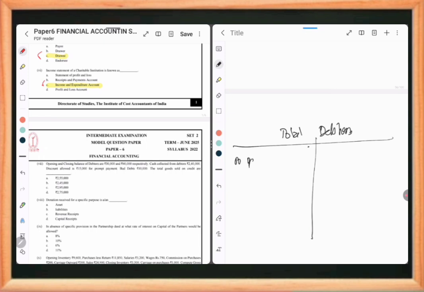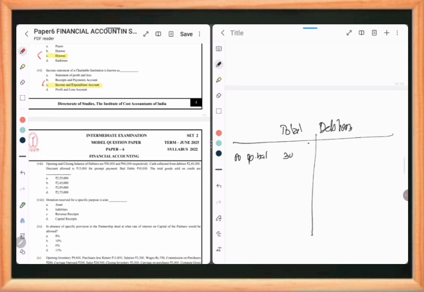To opening balance, B/D, 30,000 rupees. By closing balance, C/D, 40,000 rupees.